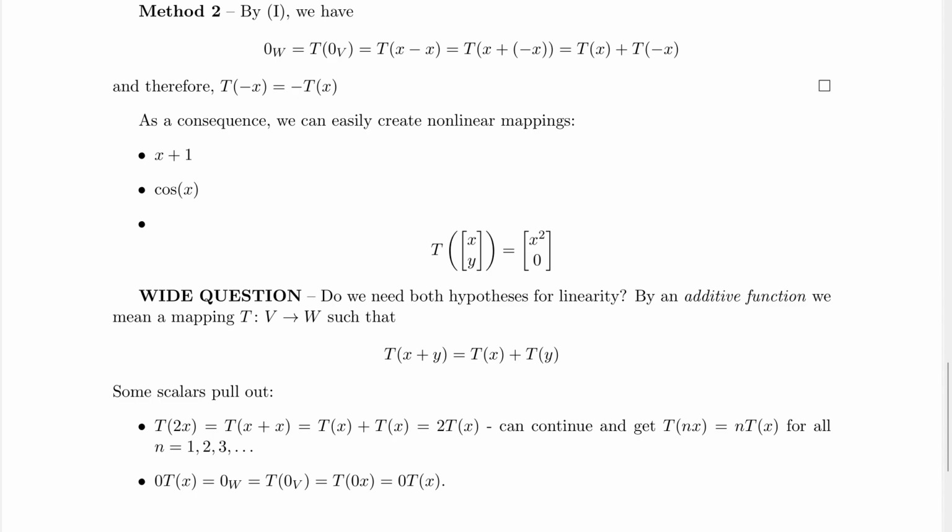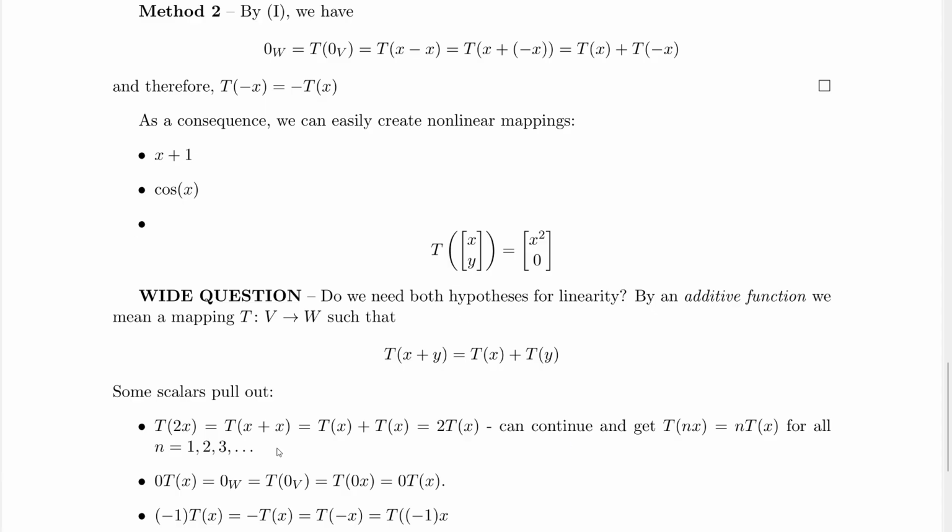So I can pull out 0, I can pull out 1, I can pull out 2, and so on and so forth. What about -1? Well, by a similar logic, we saw in the proof that negatives can be pulled out of an additive mapping alone. In the proof, we only use the additivity.